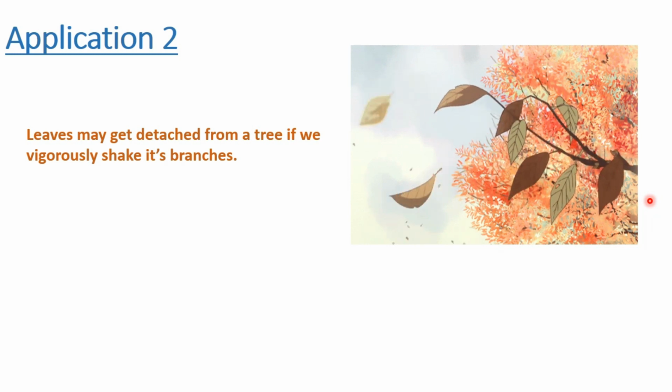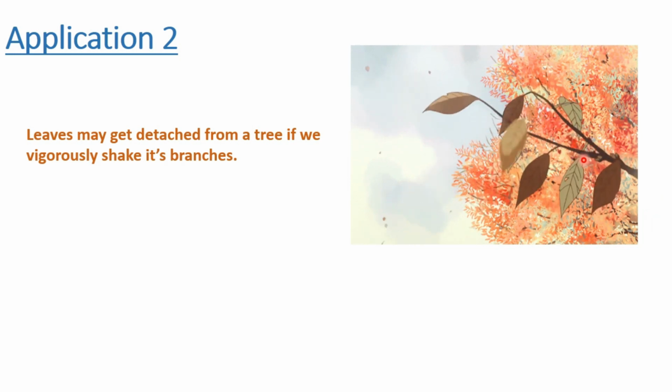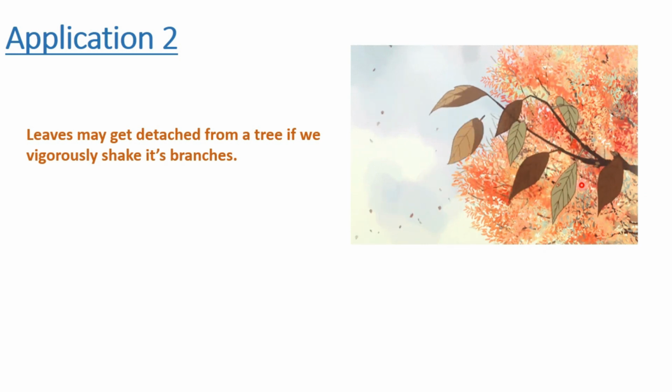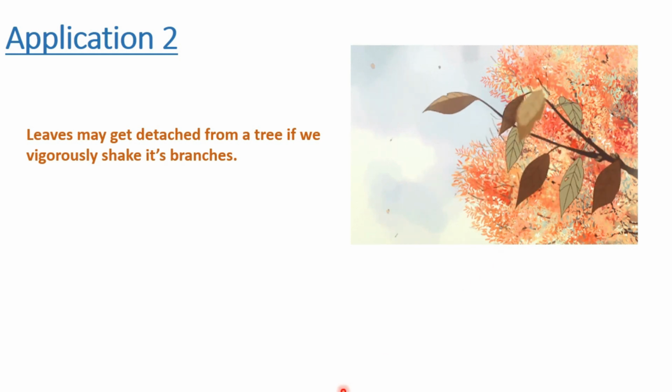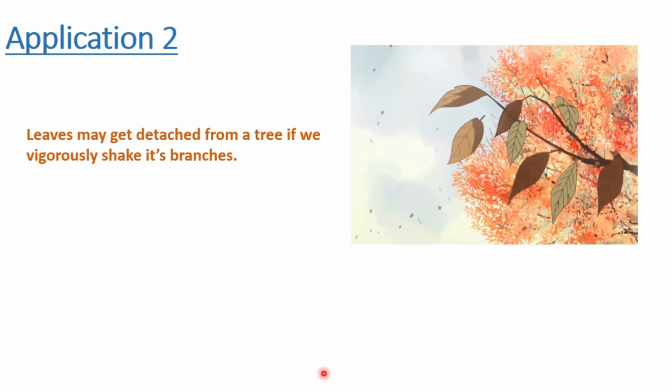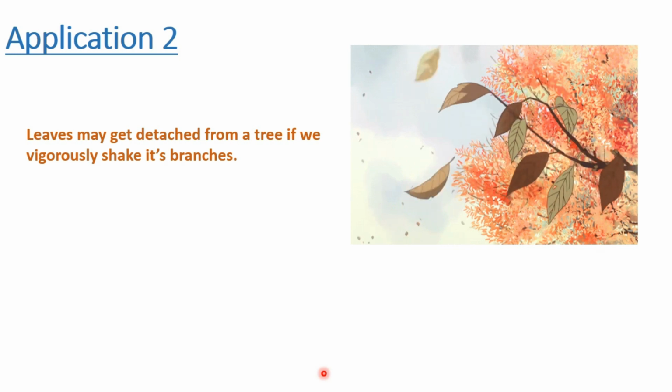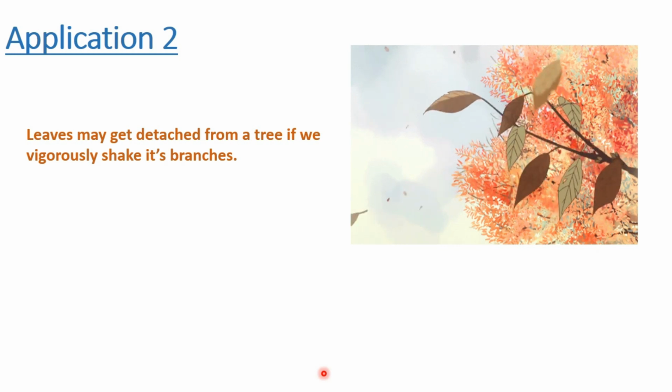What is the reason behind it? If we are not shaking the branches, initially the tree and branches were in which state? Rest. Now tell me, we are applying the force on what? We are applying the force only on the branches. So the branches will come in which state? Motion. But the leaves tend to remain in which state?